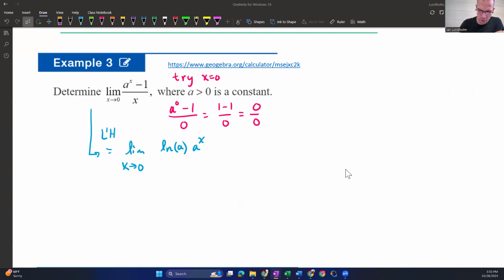So that's totally cool. The bottom will be a 1. And then if I plug in x into this one, the natural log of a is still going to be hanging around, and a to the x becomes a to the 0. And so we just get ln of a as an answer. And so the idea here is this limiting value is whatever the natural log of a is.